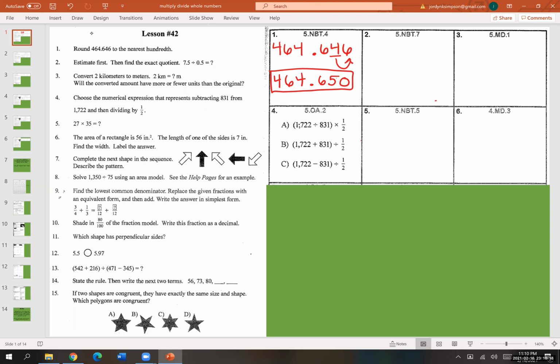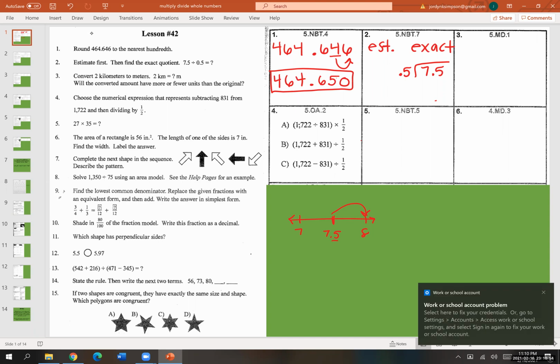Number 2, we will be doing estimation first, and then we will find the exact. For 7 and 5/10 divided by 5/10, this one's a difficult one. If we were rounding this, 7.5 would round to 8, because if you had a number line with 7 and 8, and I had 7.5, when you have that 5, you round up.